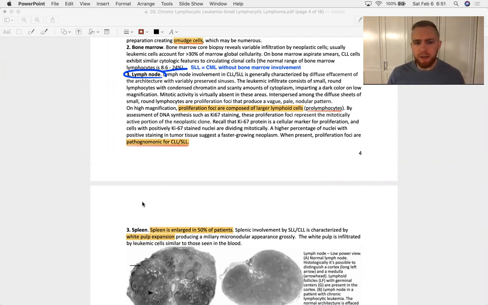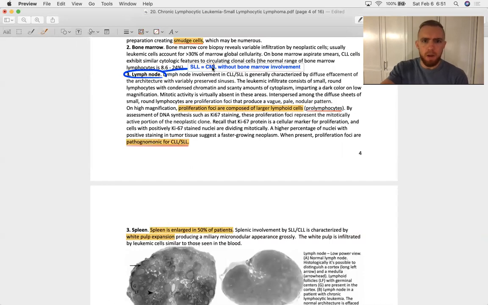When you look inside lymph nodes that are affected, there'll be those that are swollen and non-tender, because if they were tender lymph nodes, they'd be inflamed with some sort of infectious or autoimmune process, but these will not be painful lymphadenopathies. When you look inside lymph nodes affected by CLL or SLL, you're going to see pro-lymphocytes that stain positive for this protein Ki67.